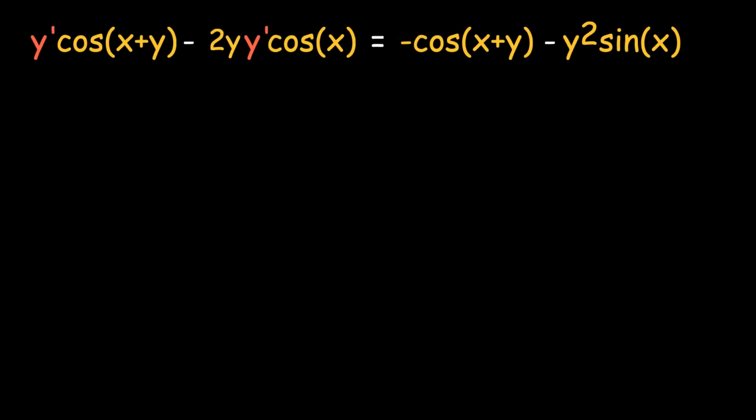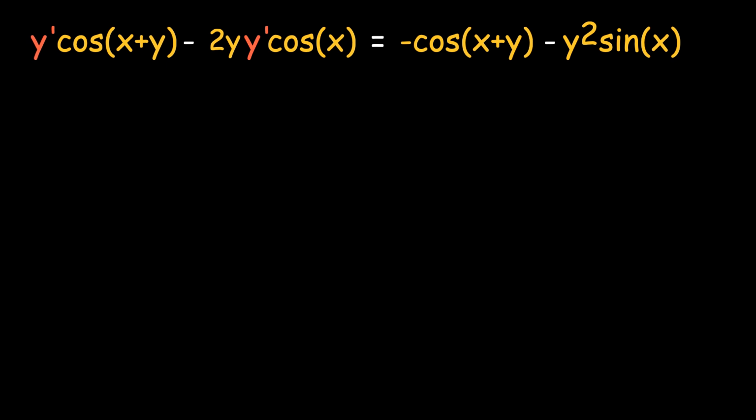Since we are looking for the value of y prime, I transferred all the terms with y prime to the left side of the equation. We have y prime cosine of angle x plus y minus 2y y prime cosine of angle x, that is equal to negative cosine of angle x plus y minus y squared sine of angle x.